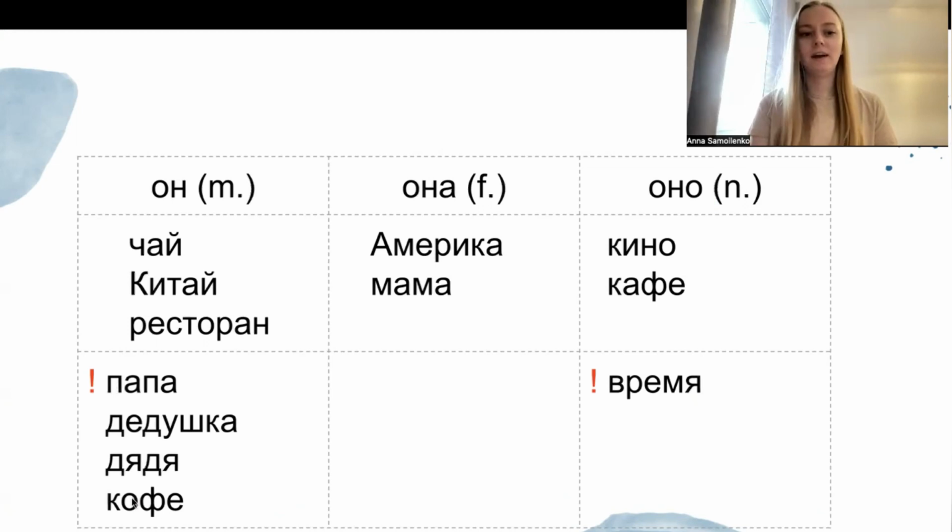And as you see, I have added another line with an exclamation mark. And here there are some words that probably confused you, and it's absolutely okay, because there are exceptions.